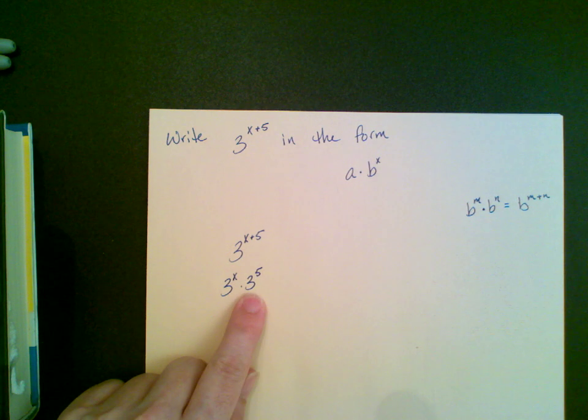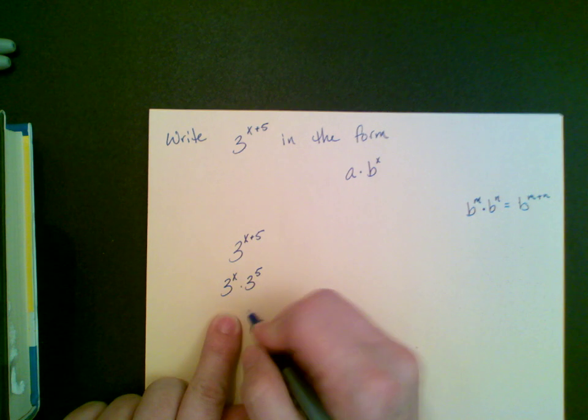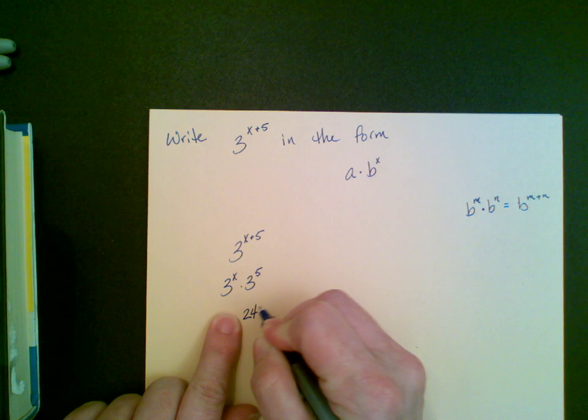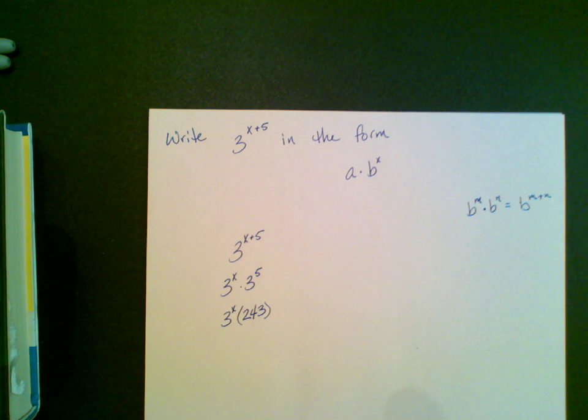Now 3 to the 5 may not be something that you know off the top of your head. You're free to use a calculator. It is 243 times 3 to the x.